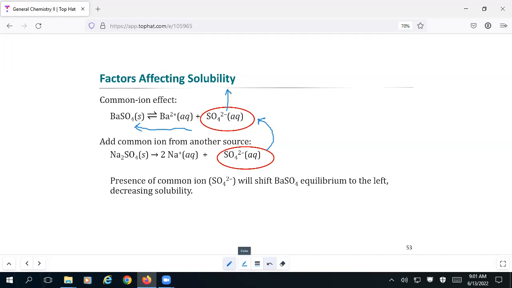And so while we'll see a considerable uptick in the sulfate concentration in this scenario, what we'll find is that the barium concentration is going to decrease. It'll still be there, but it'll be much, much lower.